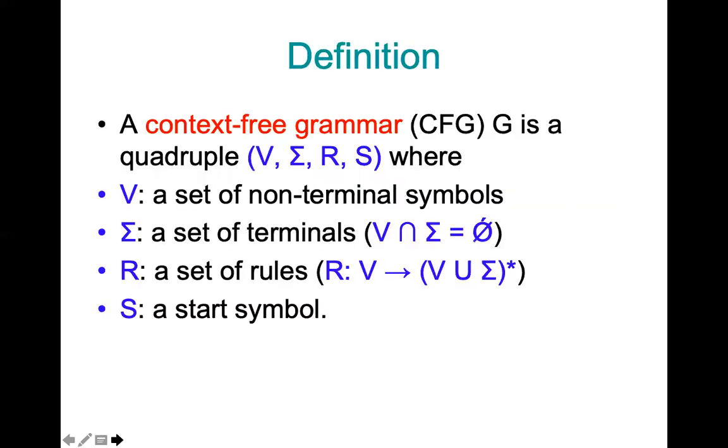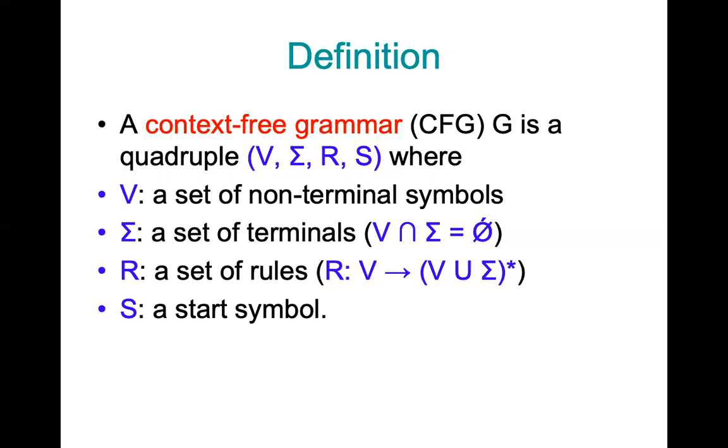In the normal definition, a context-free grammar, in short form called a CFG, is a quadruple, meaning a combination of four elements. V is the set of non-terminal symbols, also called variables, normally denoted with capital letters.